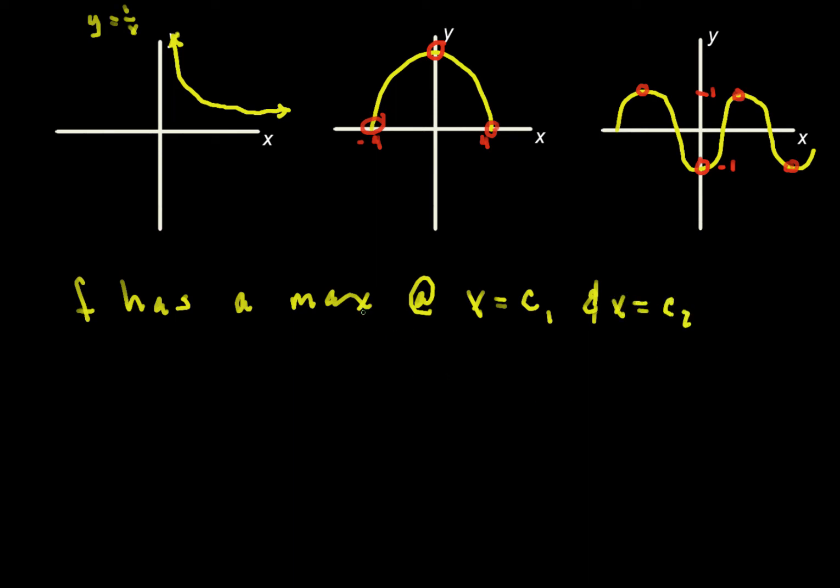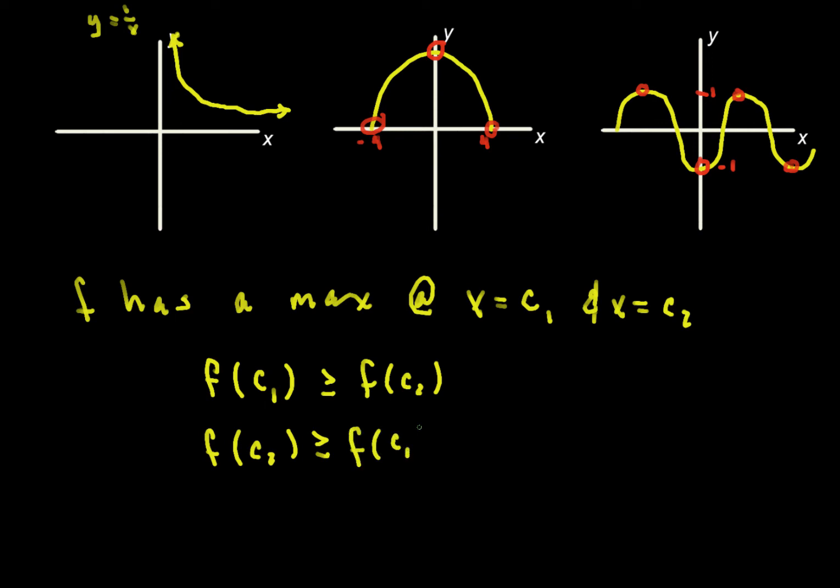Well, by being a maximum, we know that f of c1 is bigger than every evaluation in the domain, so it's going to have to be bigger than or equal to f of c2. But for identical reasons, f of c2 would have to be bigger than or equal to f of c1. Well, put those together: the only way two numbers can be bigger than or equal to each other is if they are both equal.